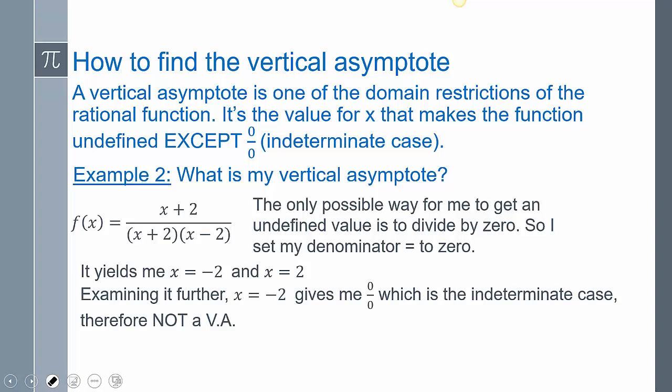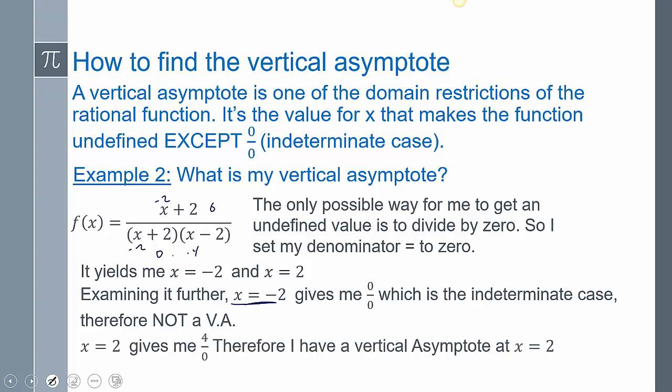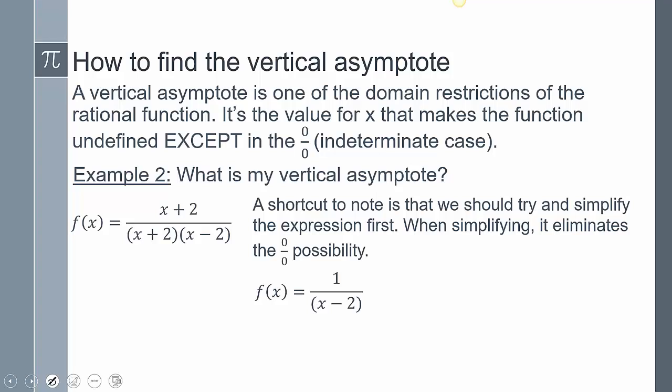But if I were to plug this -2 back in, you get -2 plus 2 over -2 plus 2. You get 0 over 0 times -4, so that's 0 over 0. Because this one gave me 0 over 0, that is not a vertical asymptote. So the only one that I would technically have is x equals 2. So that's actually my only vertical asymptote.